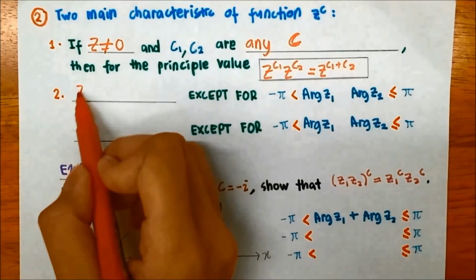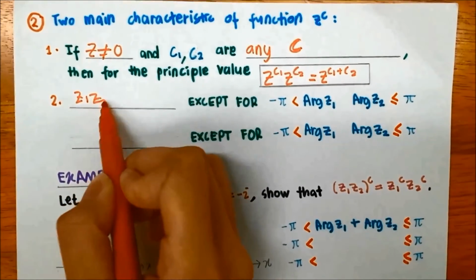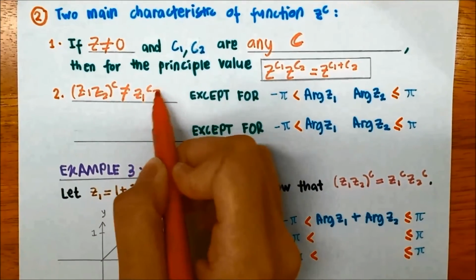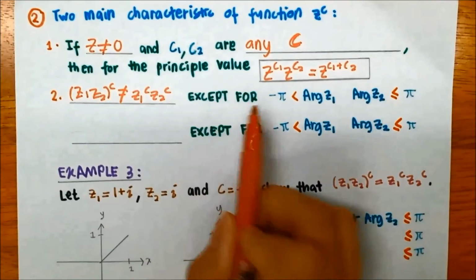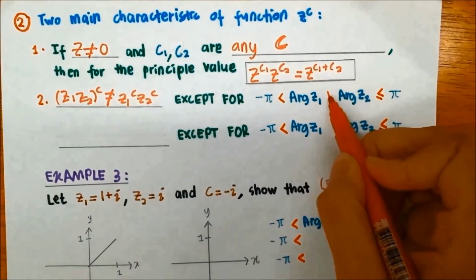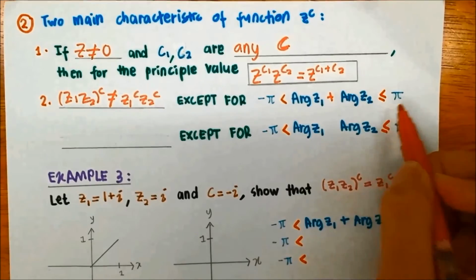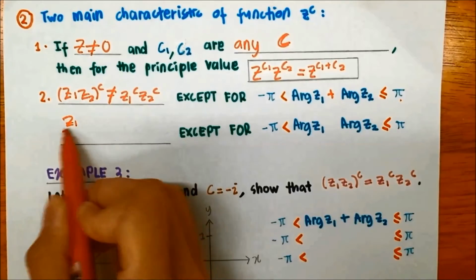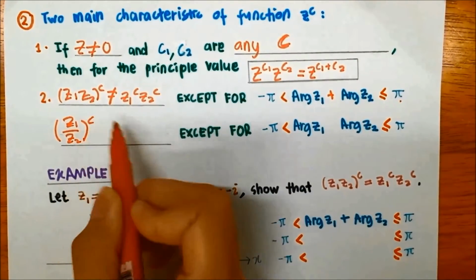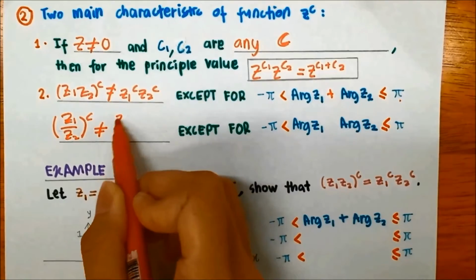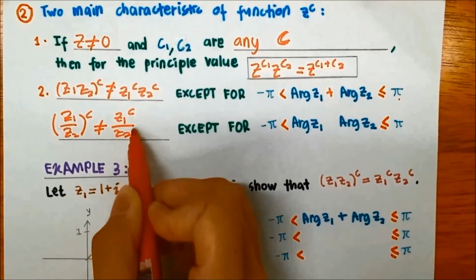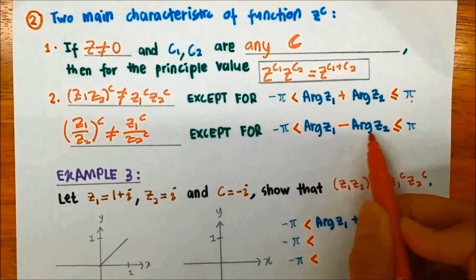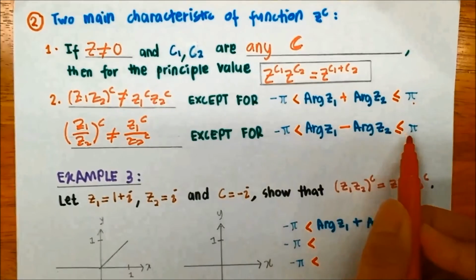Second, z1 times z2 to the power of c is not equal to z1 to the power of c times z2 to the power of c, except when argument z1 plus argument z2 is between negative pi and pi. And then z1 over z2 to the power of c is not equal to z1 to the power of c over z2 to the power of c, except when argument z1 minus argument z2 is between negative pi and pi.